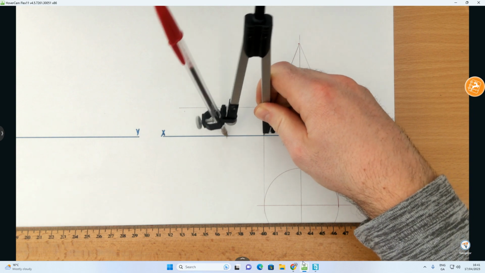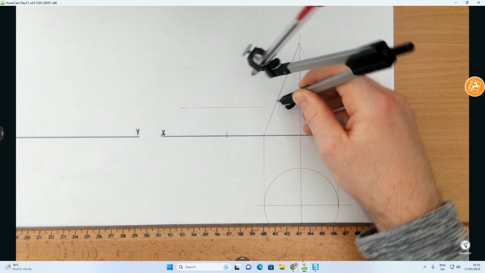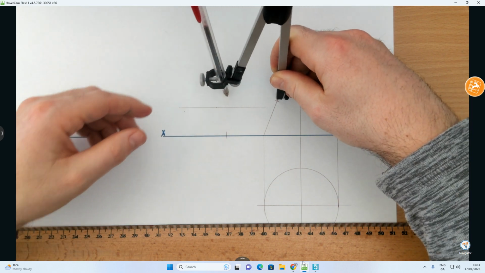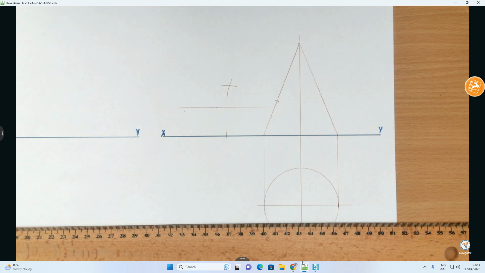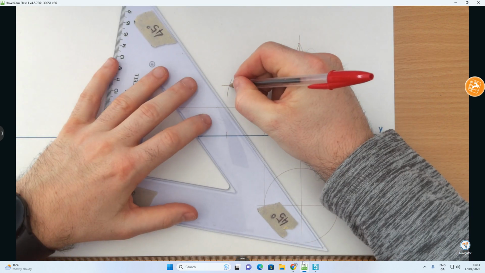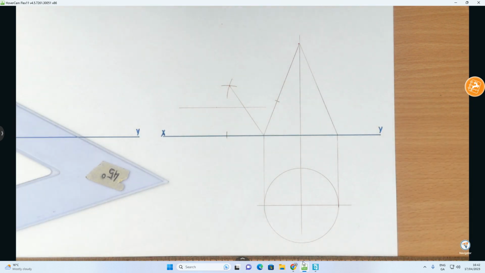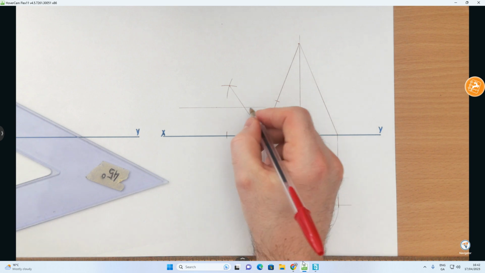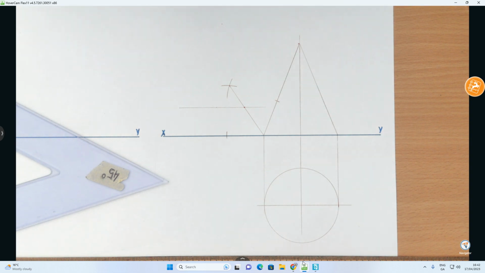So compass point there, swing an arc, then change slightly, swing an arc, come back down here and swing an arc. Now I'm going to connect this point down to here. And where that point cuts through my 25mm line that I measured up gives me the center point of a sphere.